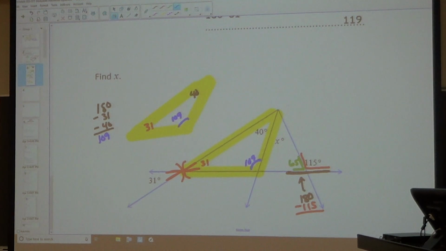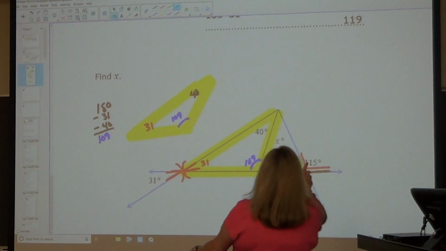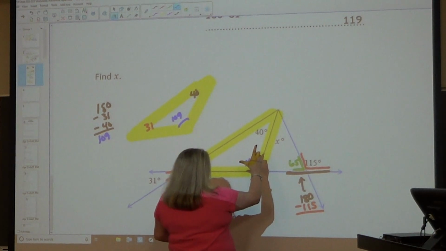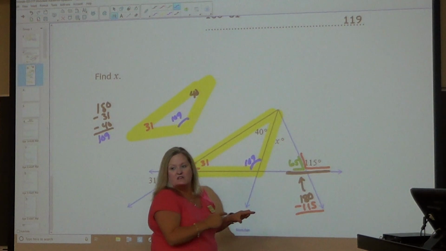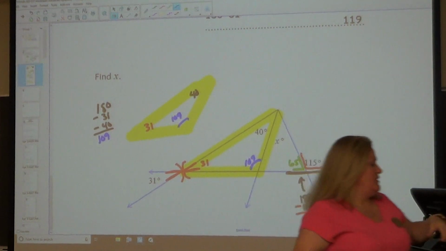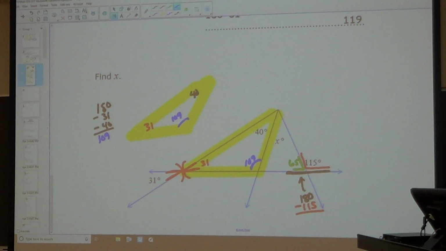I now need to take that blue angle and jump over. What do the blue angle and this angle have in common? What do they make? A straight line. So what are they going to equal? 180. So this angle and this angle make a straight line, which is 180 degrees.